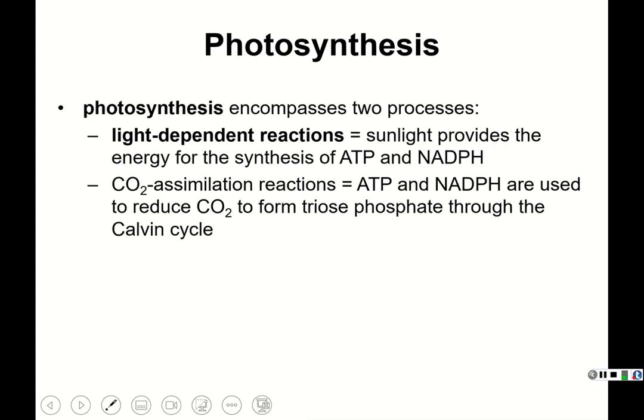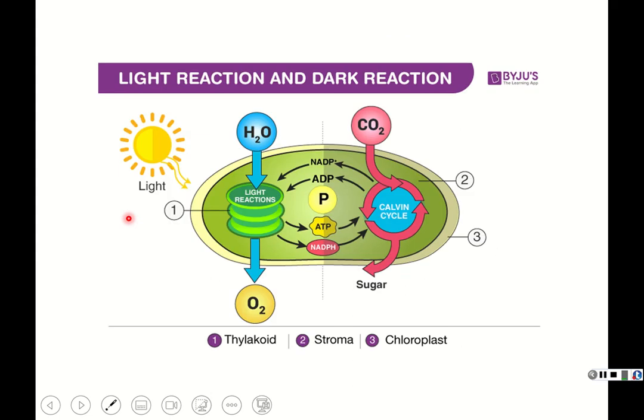For the dark reactions, these are the reactions that involve the carbon dioxide assimilating, and you use ATP and NADPH to turn those carbon dioxide molecules into sugars, and that's in the Calvin cycle. So that's this part, the dark reactions, is what we'll be focusing on next lecture. Today we're going to be focusing primarily on the light reactions.